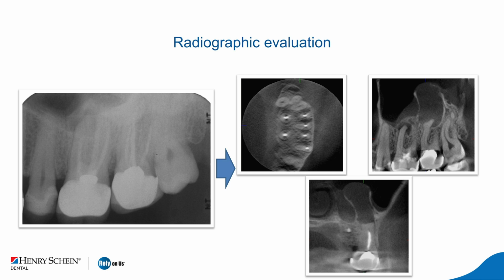There's a radiolucent area as well on the mesial apex of tooth number 14. And if you look at the axial reconstruction, you can see that those roots demonstrate an MB2 canal, and you see on the axial view and on the sagittal reconstruction that there's no radiographic filling material.